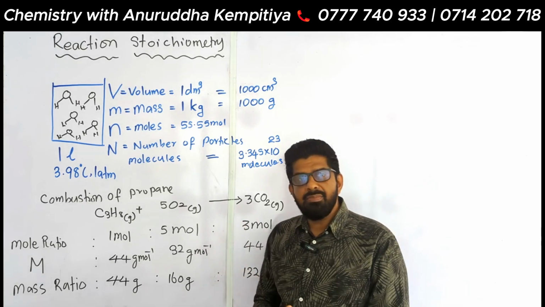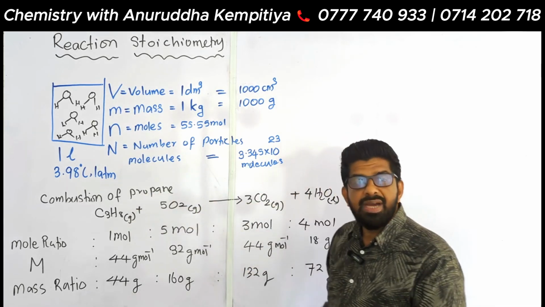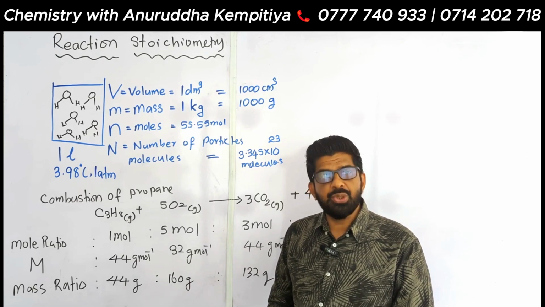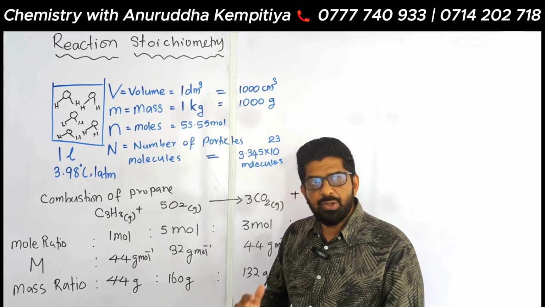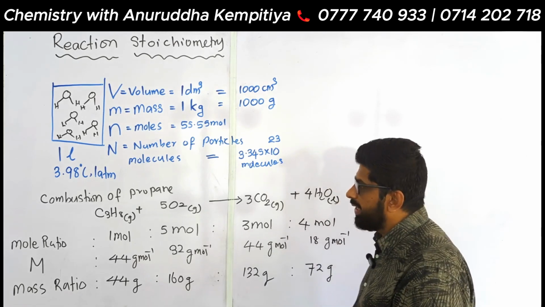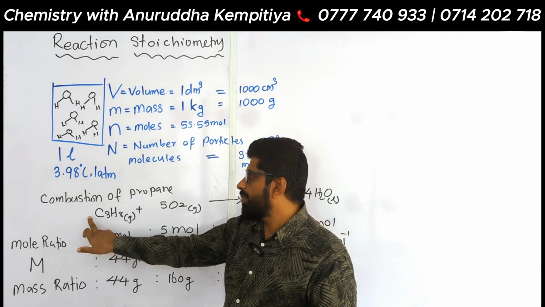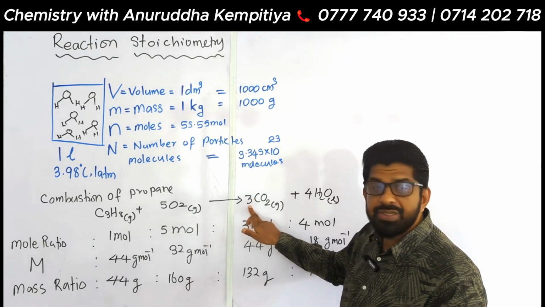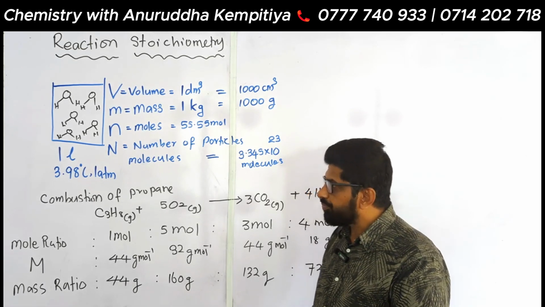Then there are some important quantitative relationships indicated by this balanced chemical equation. Now we will talk about that. That is actually the stoichiometry. What are the relationships between quantities involved in a reaction, indicated by this balanced chemical equation? These are the stoichiometric coefficients. Here, the stoichiometric coefficient is 1, 5, 3, and this is 4. These are stoichiometric coefficients.